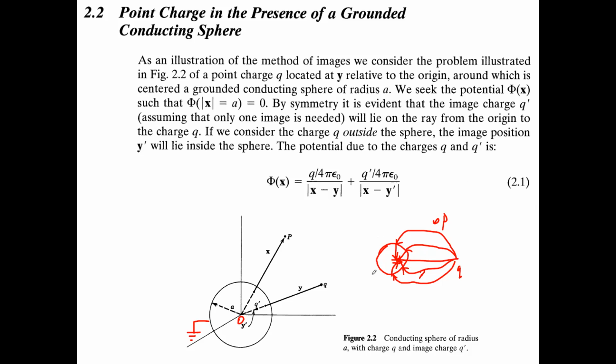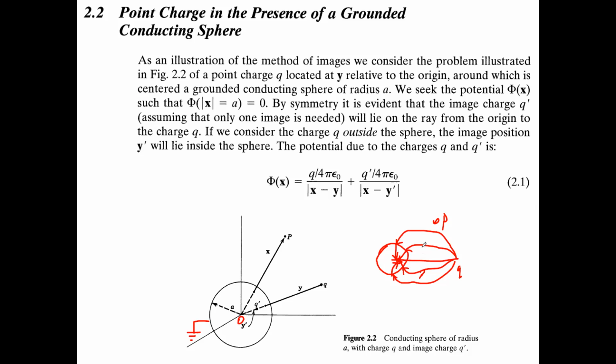Let's think about a Gaussian surface. If there's a sphere here, the potential should be 0. If the potential is 0, then what kind of charge will make the potential at this surface 0?